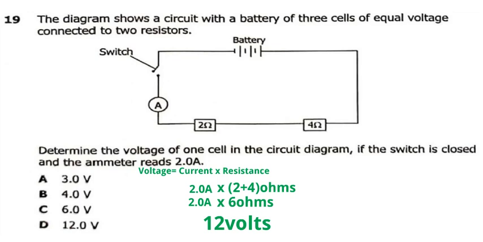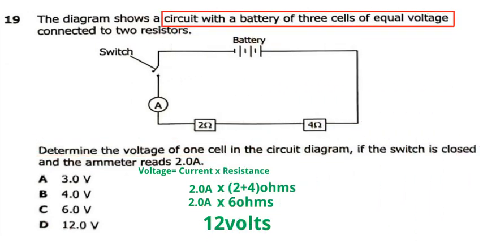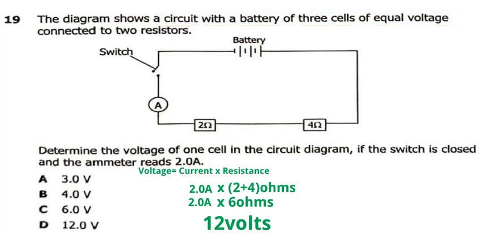Now let's go back to the question. The question is saying, determine the voltage of one cell in the circuit diagram. So one cell. When we go back to the statement, how many cells are in this battery? We are told there are 3 cells there. So if the entire battery releases 12 volts in the circuit, how much is one cell releasing?